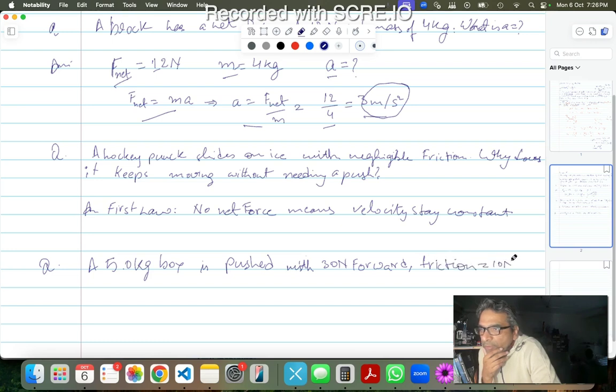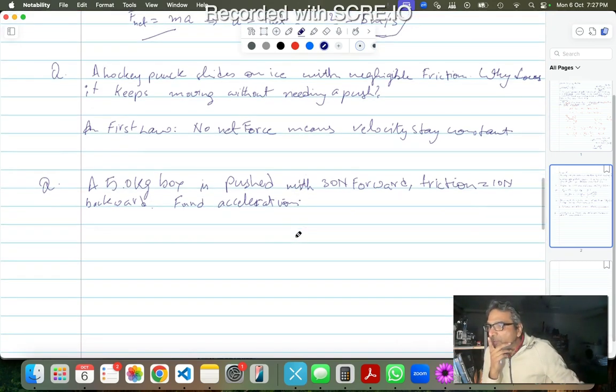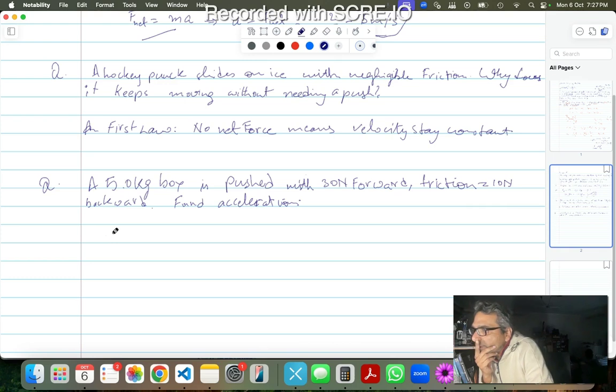Friction equals 10 Newton backward. Find acceleration. Now here comes what we need to do. First of all, what is given, right?